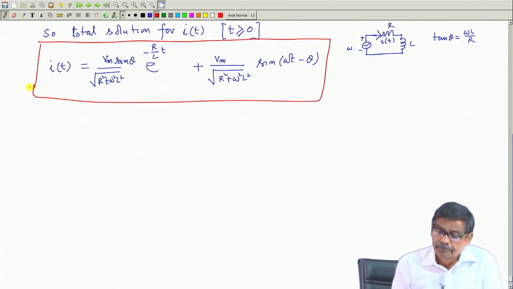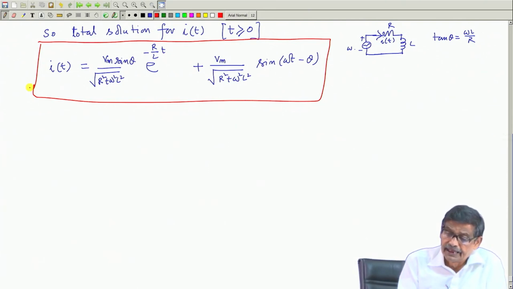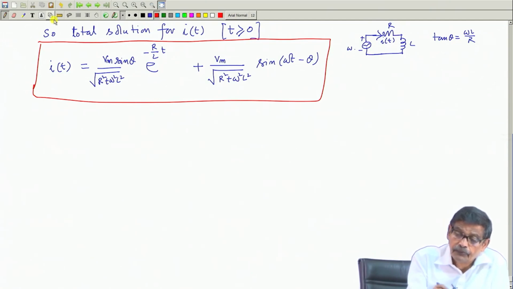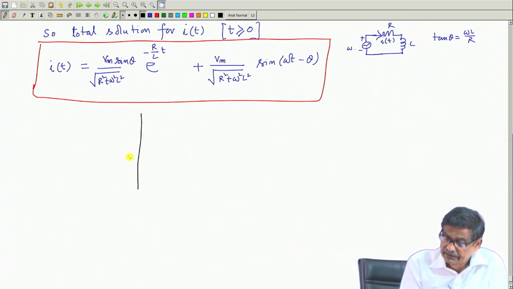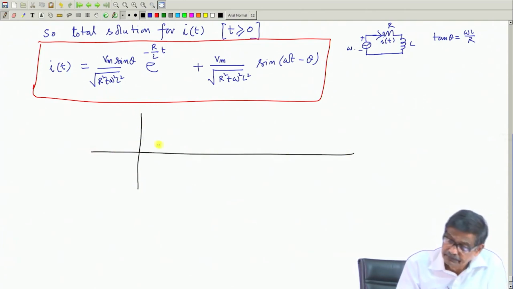Got the point. So, if you sketch, as I told you, it is always better that you sketch the solution. So, for sketching the solution you should do it like this. First sketch v of t.